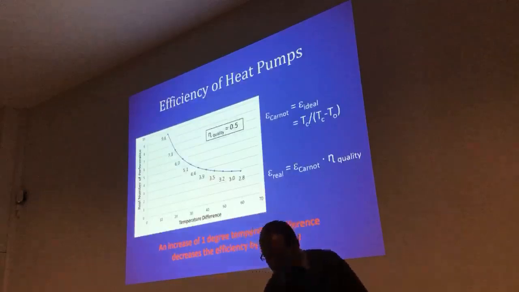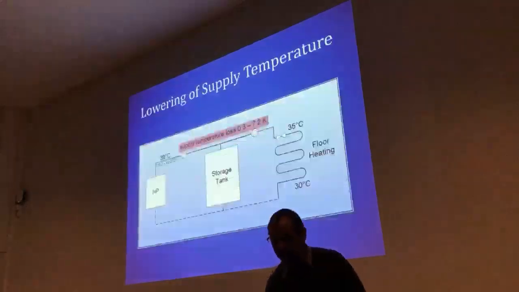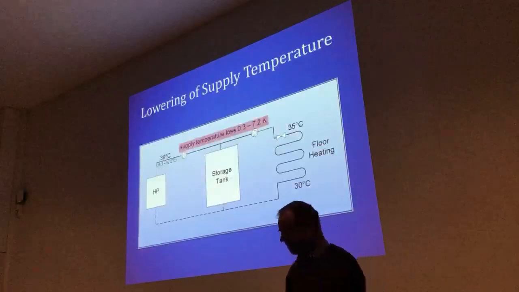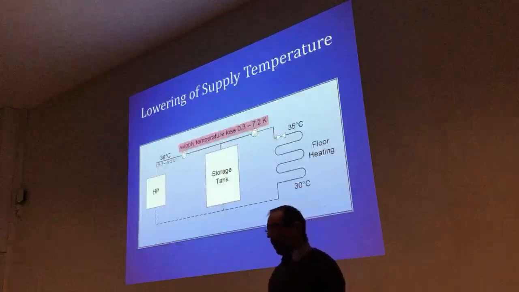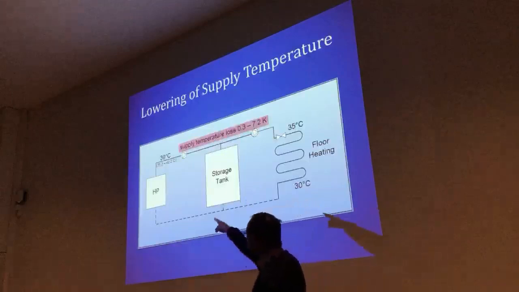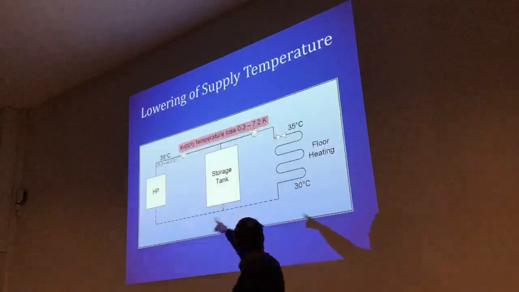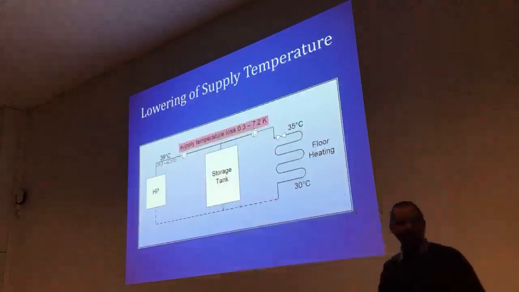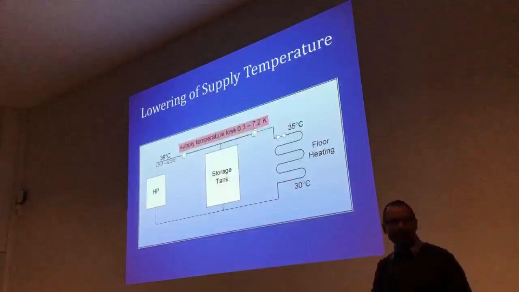During our tests of the monitoring kit, we figured out that in all heat pump systems, we have a drop of supply temperature from the heat pump to the consumer in the range of 0.3 to 7.2 Kelvin.